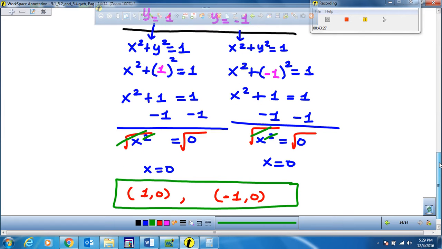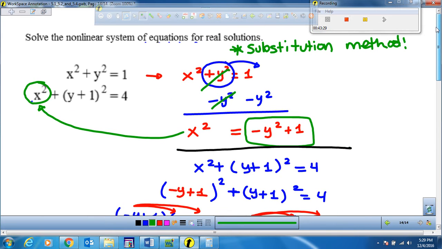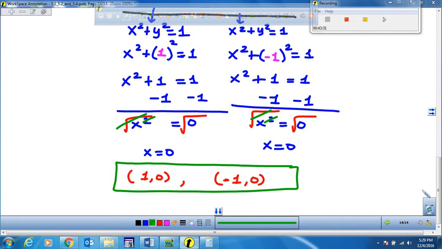And that's the end of section 5.4. Okay. So you just need to identify that there are two methods: addition and substitution. And you need to realize that there are some systems that are 2 equations, 2 variables in 5.1. 5.2 is about 3 equations, 3 variables, and there you only do addition.